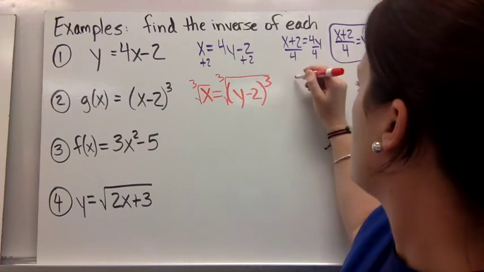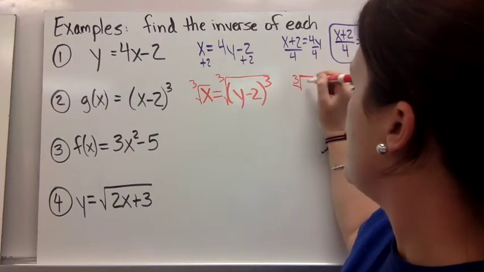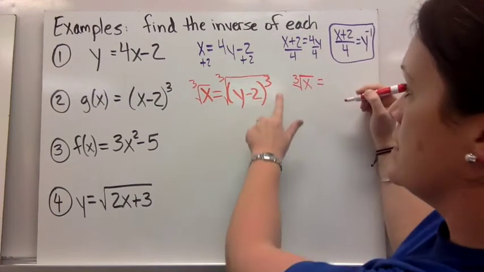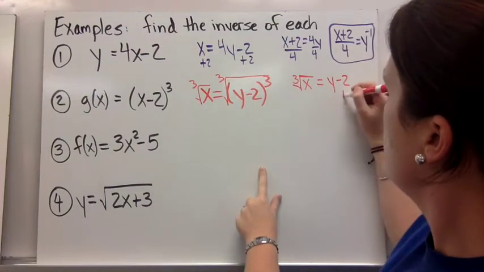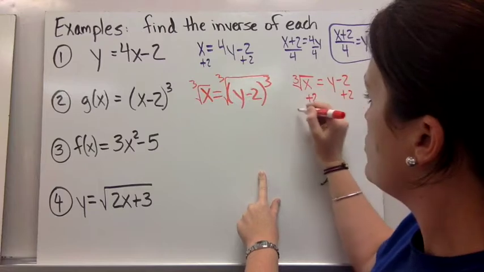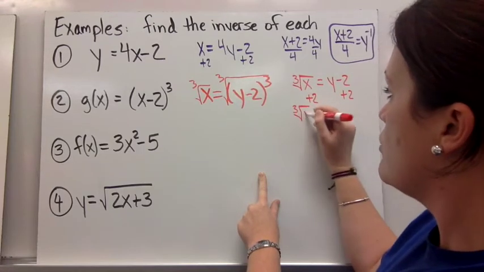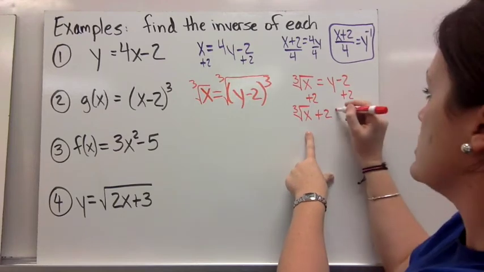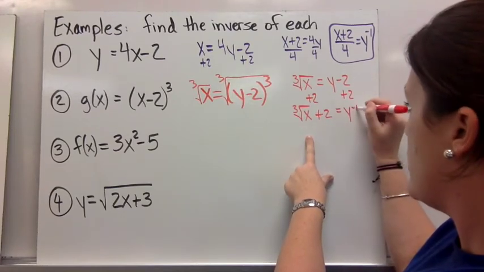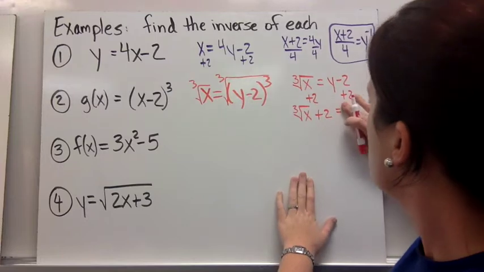So we end up with the cube root of x equals, and the cube and cube root would cancel out, so you have y minus 2, and you just need to add 2 to both sides. So you have the cube root of x plus 2, but make sure not to write the 2 underneath the cube root symbol. And then that is our inverse of g of x.